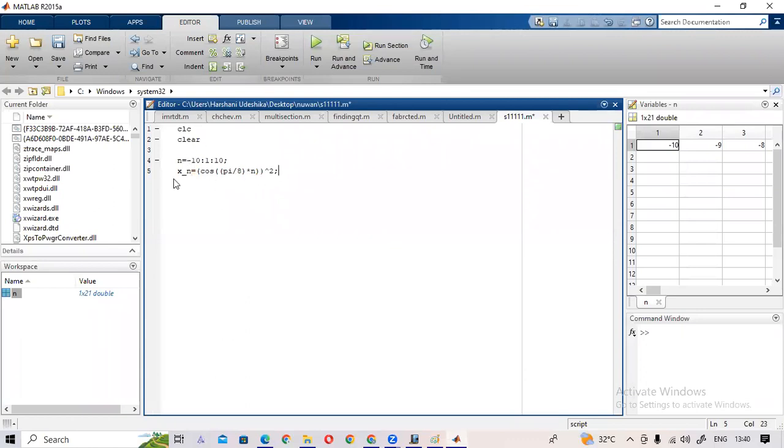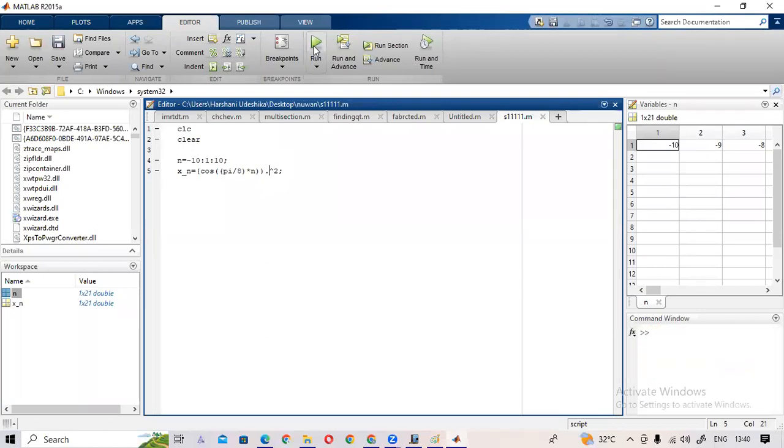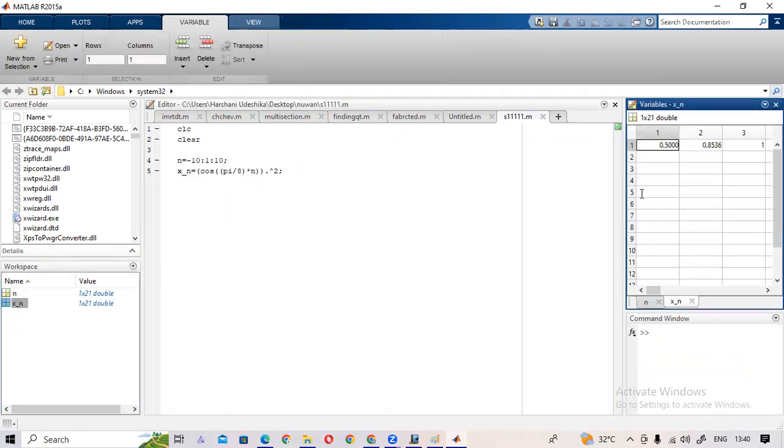So what you now have to do is add this n value to this expression and calculate the x[n] value. MATLAB will calculate it, and you will get some x[n] values.